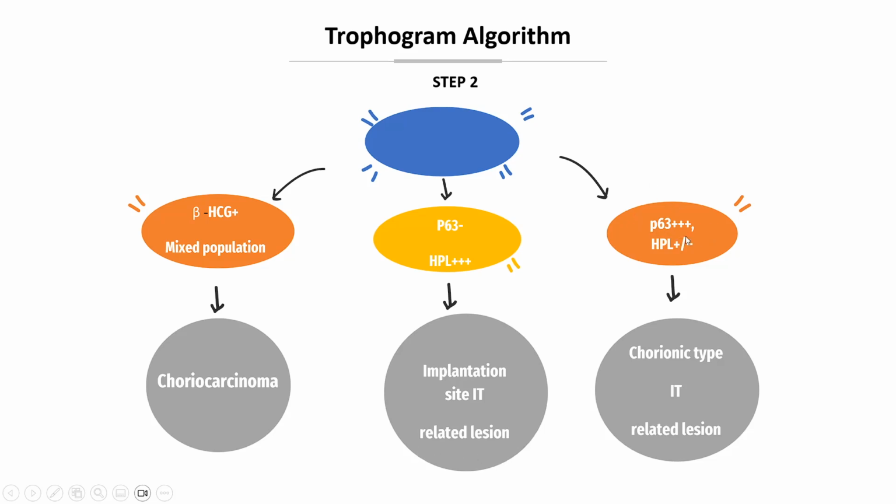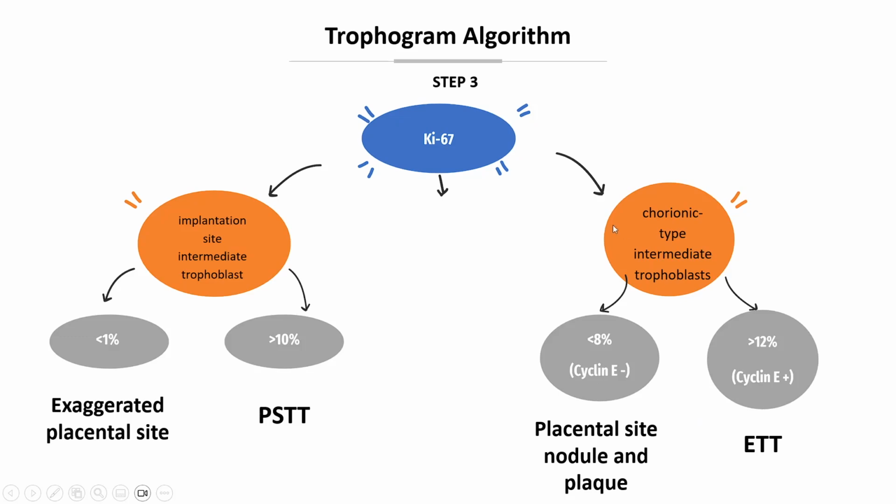On the other hand, if we have a P63 that is strong and diffuse positive and HPL that is focal or negative, then this is a chorionic type intermediate trophoblast related lesion. So what we do afterwards, we go for the Ki67. As for the implantation site intermediate trophoblast, the Ki67 is less than 1%, so this is probably an exaggerated placental site.